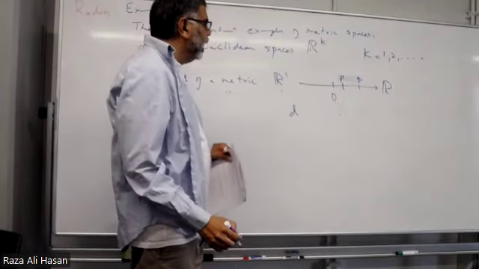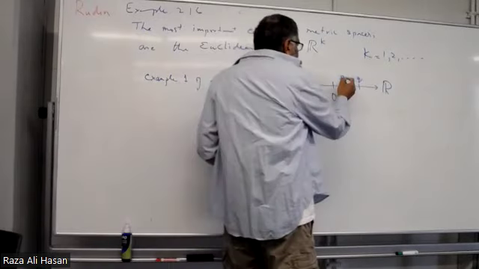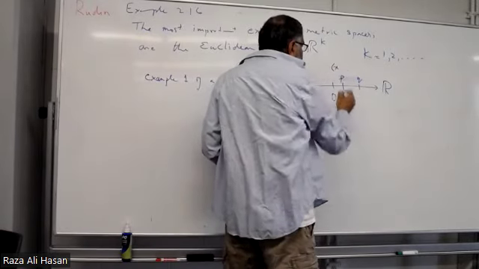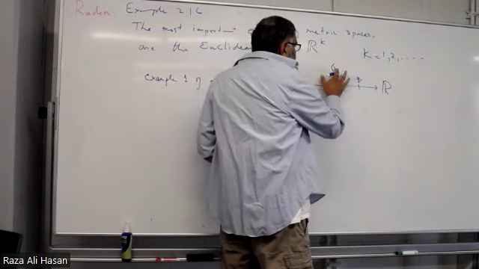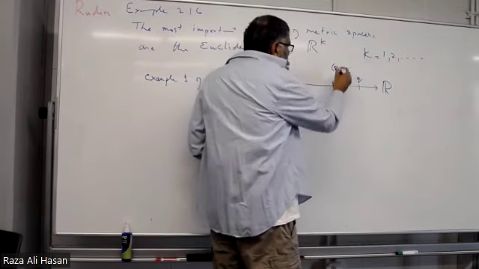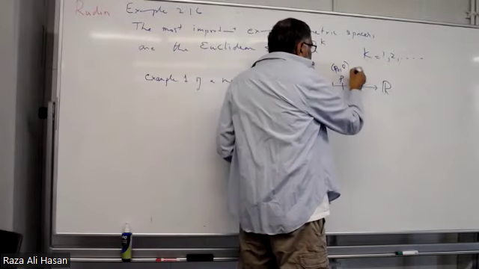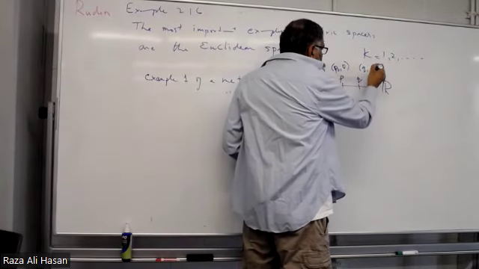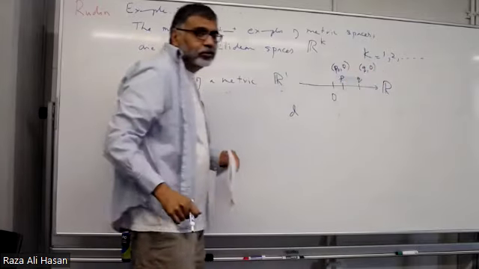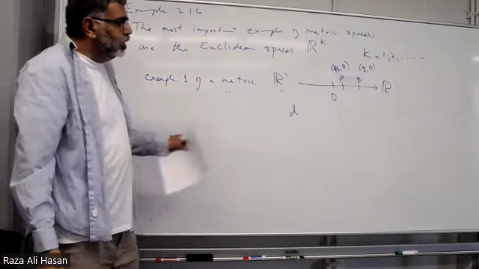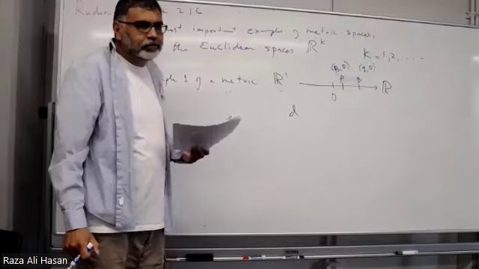P's x coordinate. So this point here, its x coordinate is, let's call it P1. And its y coordinate, right? That's how we can call those numbers actually points.